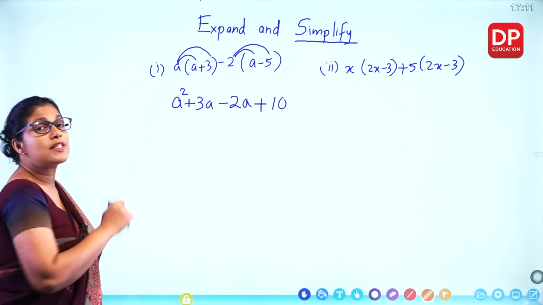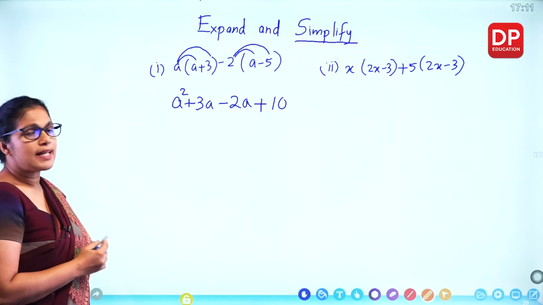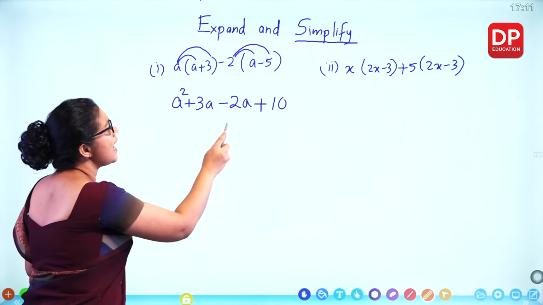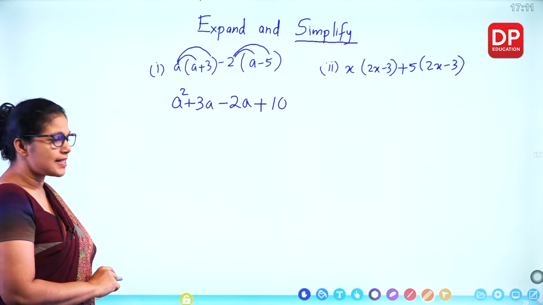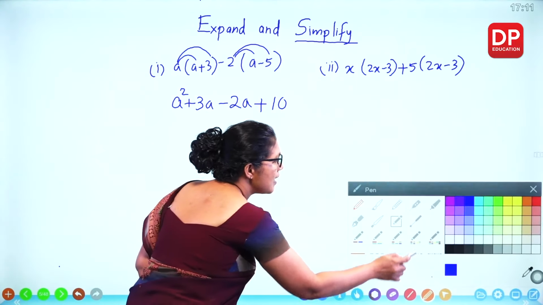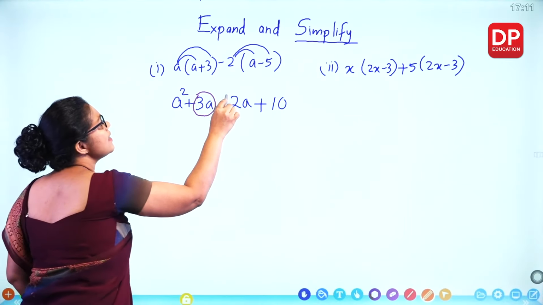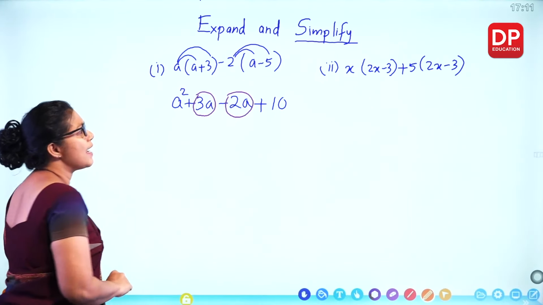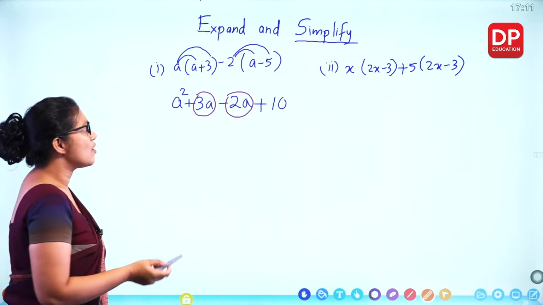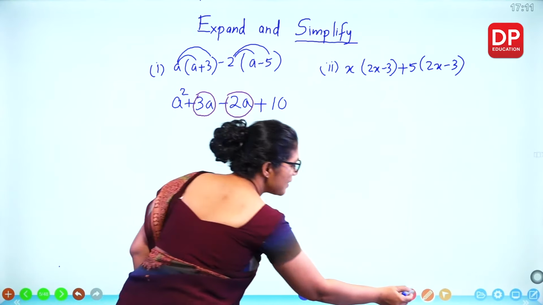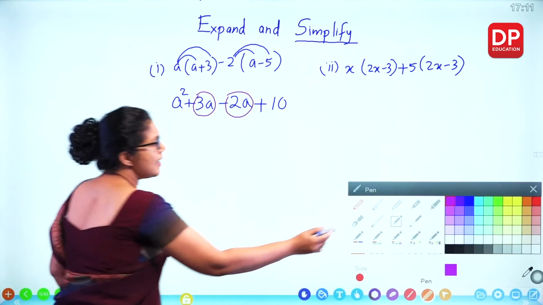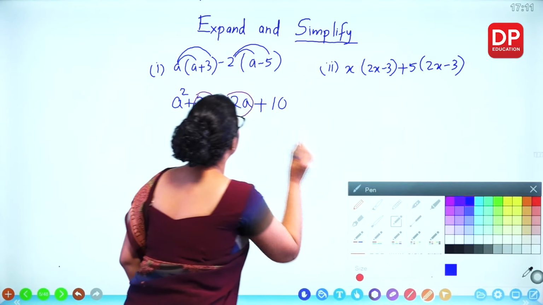Now, you have to simplify this. Look carefully whether you get like terms. What are the like terms? Can you see? There are two like terms, these terms in terms of a. So you can add or subtract by looking at the sign. Now, what's the value here?